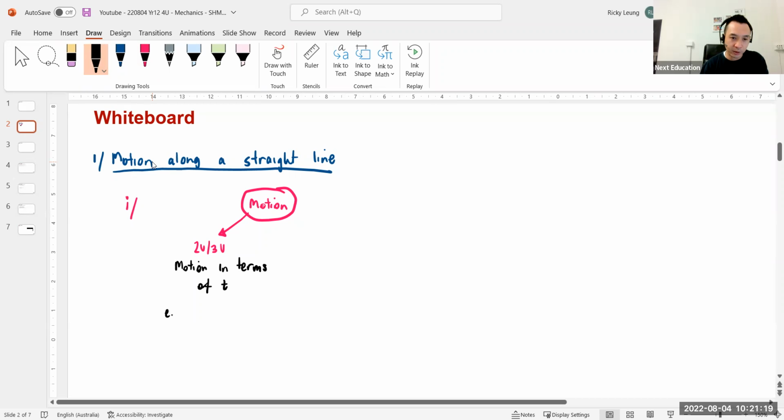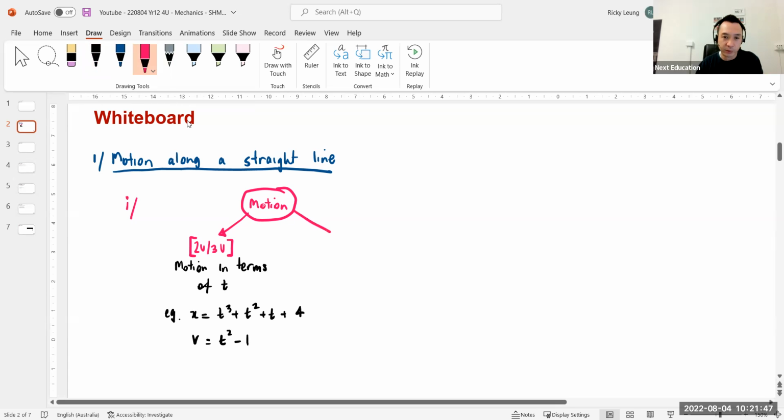For example, whenever you have x, or displacement, described as some sort of t cubed plus 2t plus 4, whenever it's a function of t, that's a 2-unit, 3-unit type of question. Or if velocity was 3t squared minus 1, that is a 2-unit, 3-unit quality question.